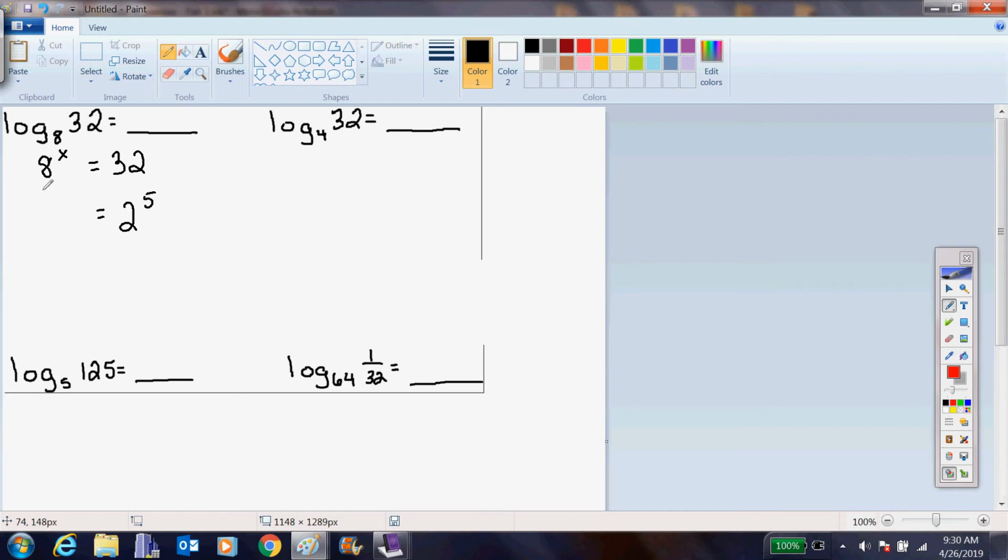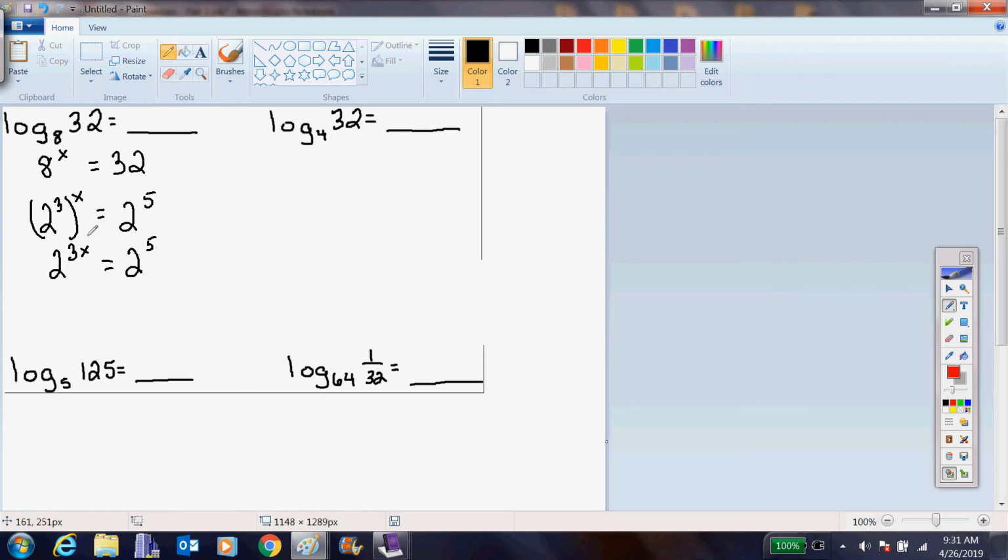8 can be rewritten as what? 2 to the what power? 2 to the 3rd power to the x power. But what do you do with power to a power? Multiply. Good. Multiply. Whoever said multiply first. So 2 to the 3x power equals 2 to the 5th. So what things are equal here?